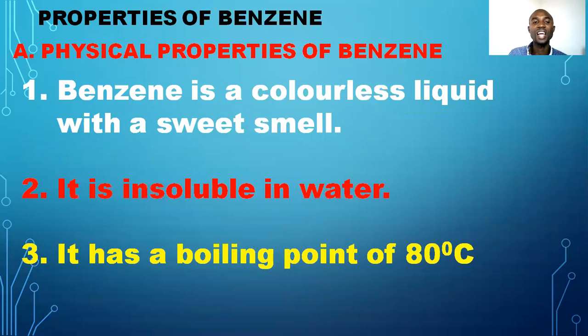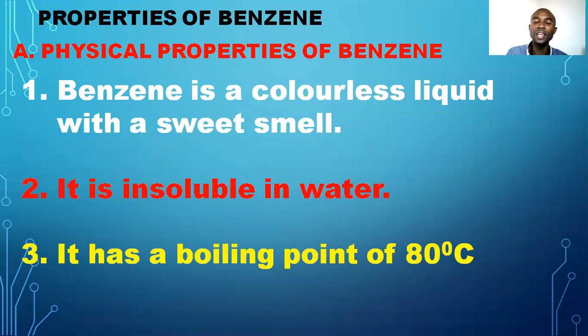All right, what are the physical properties of benzene? We discuss the physical properties and chemical properties. Chemical properties have to do with the reactions of benzene, but let's look at the physical properties first. Benzene is a colorless liquid with a sweet smell.